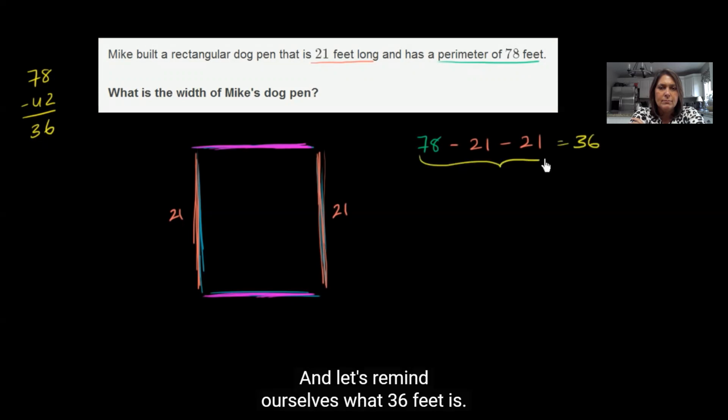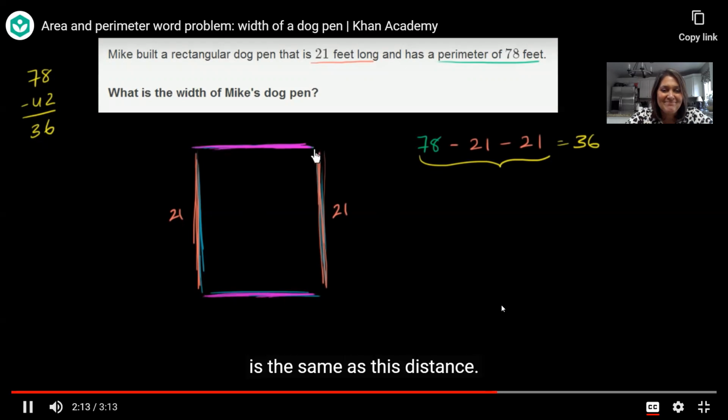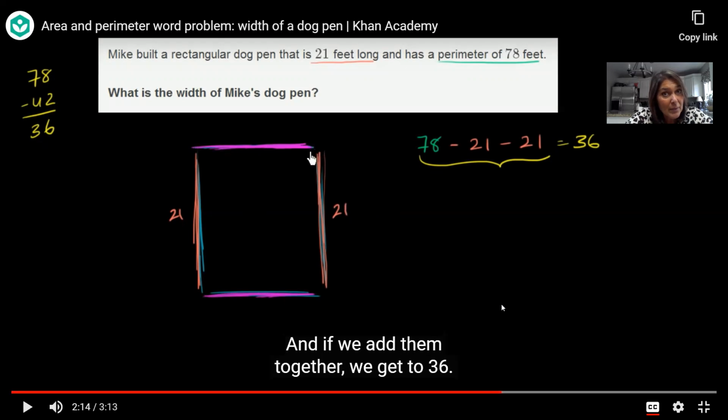Let's remind ourselves what 36 feet is. That's the total width if we take the width down here and add it to the width up here. Now we know something else: these are the exact same width. Were you right about that? Bet you were. If we add them together, we get 36.